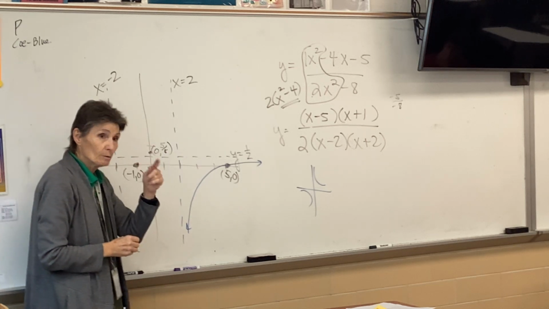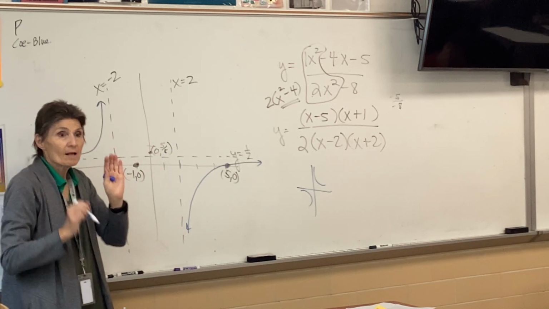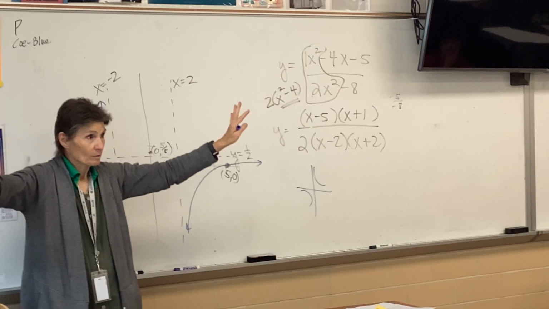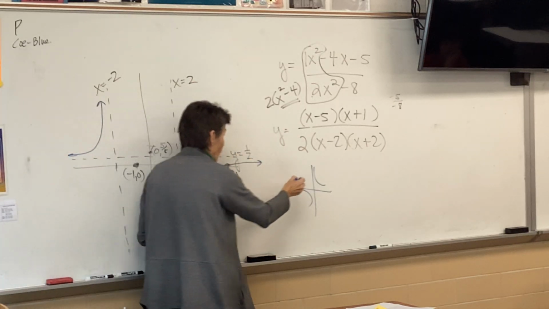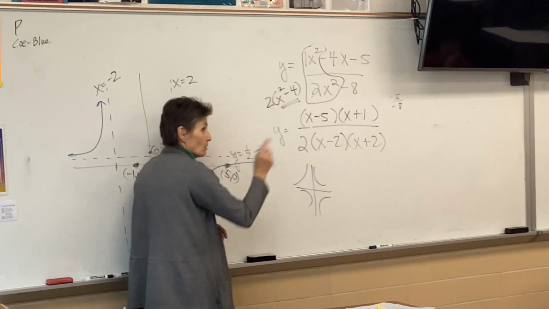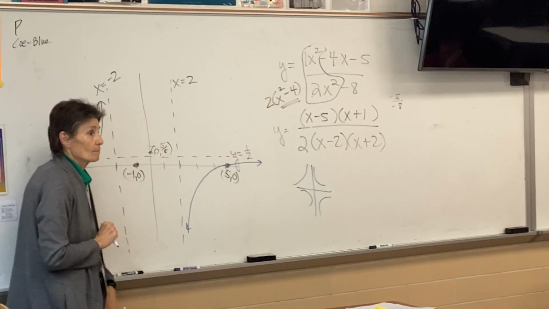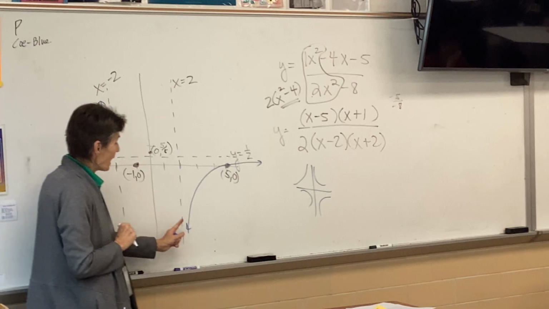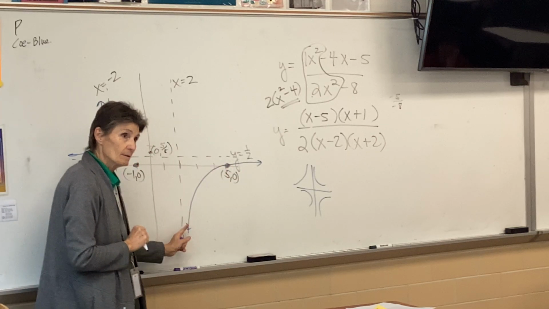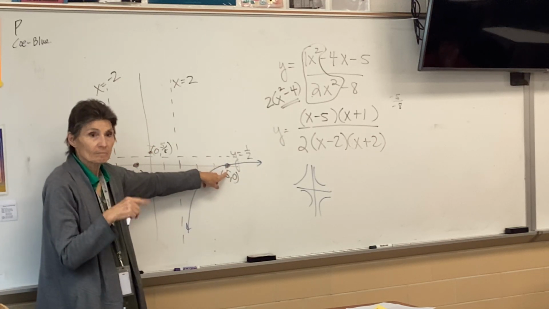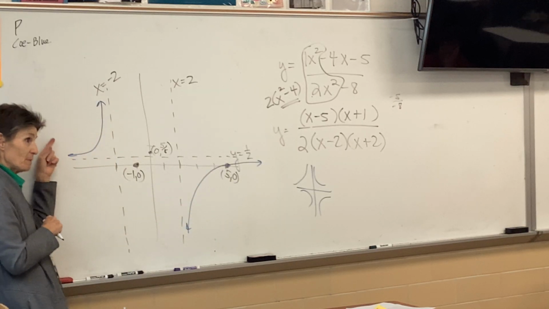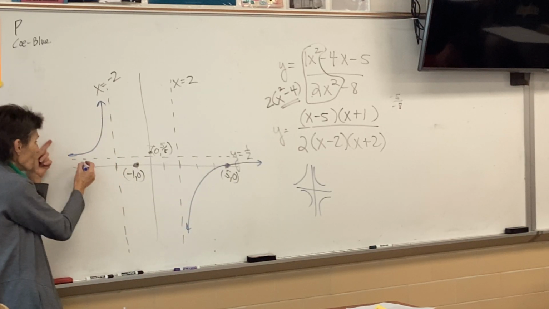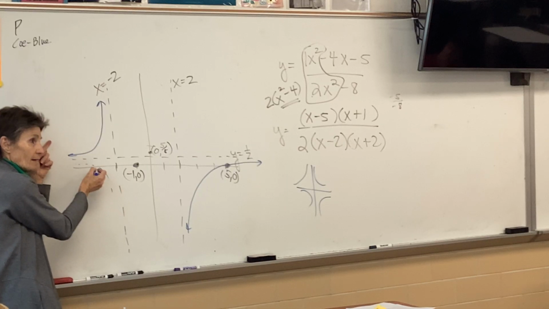I told you, I hope you're listening, that on the ends of the picture, the right side and the left side of the picture, you're always gonna have one of those. This one had to be down here because we already had a dot. We have to connect that dot. This one had to be up here because we don't have a dot.